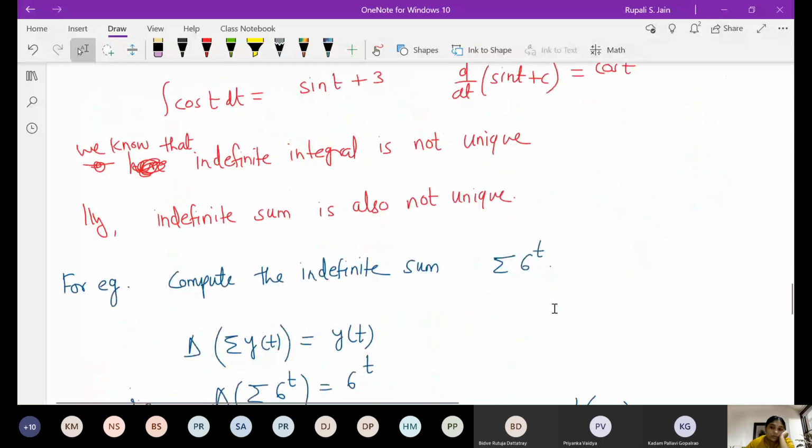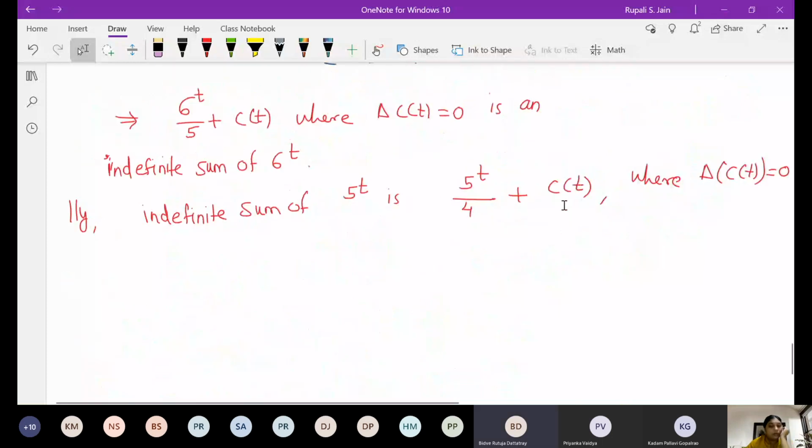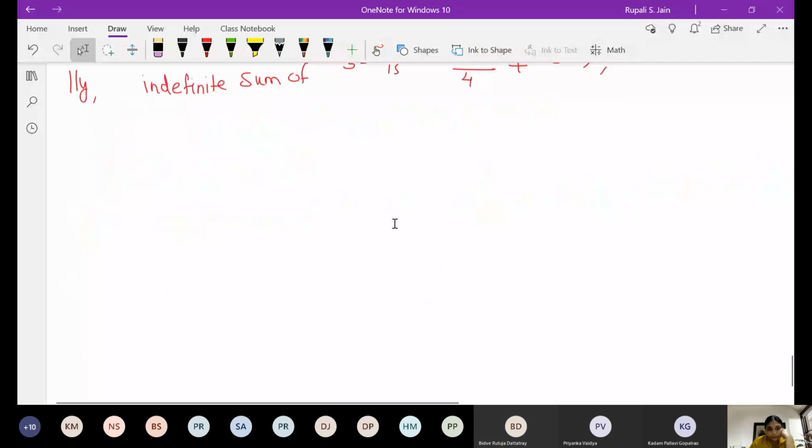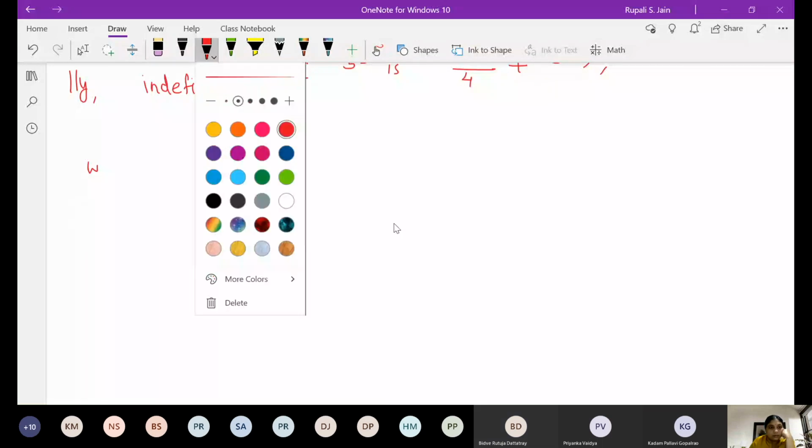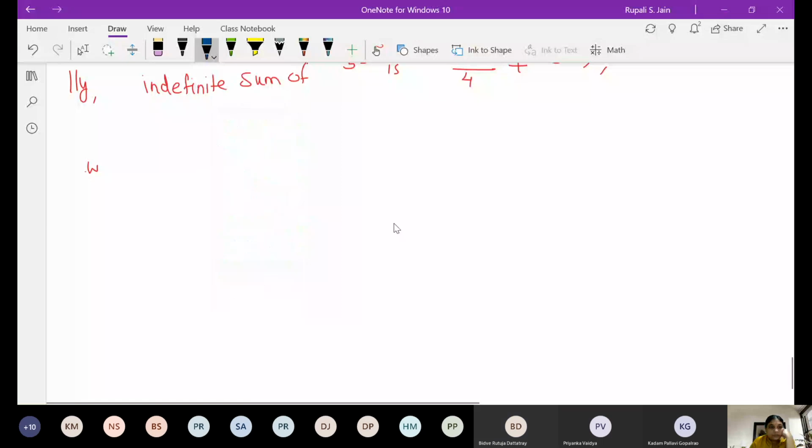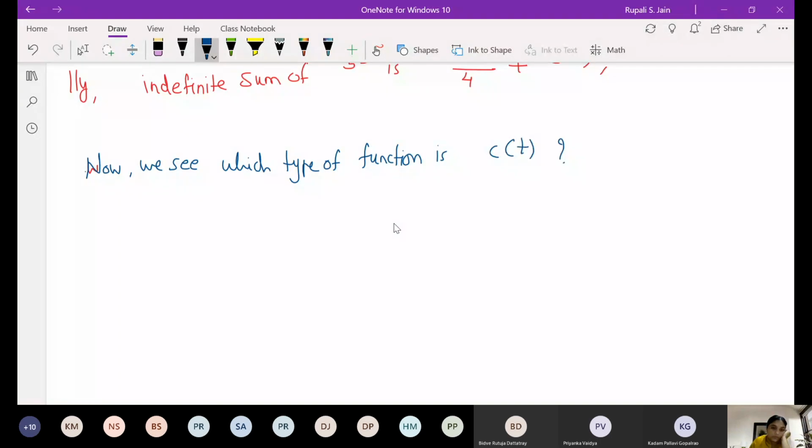It depends on the domain of the function, the domain of y(t). Now we will see which type of function c of t is.